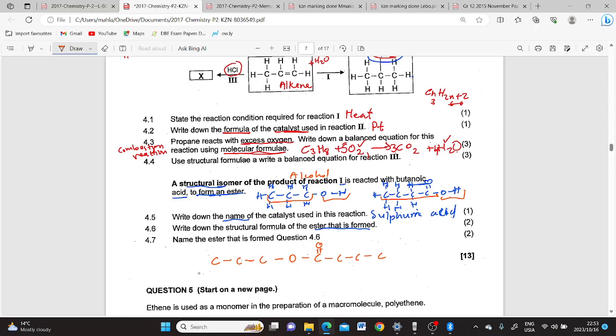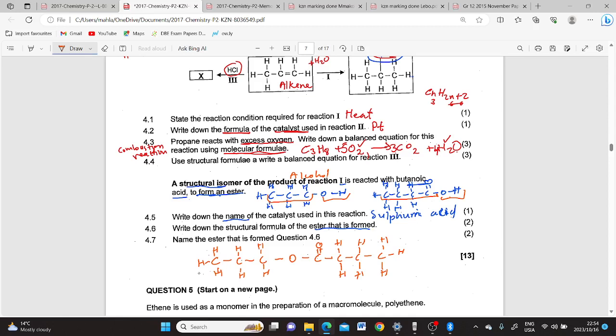So we can have 1, 2, 3, 4. So we can have hydrogens filled here: hydrogen, hydrogen, hydrogen, hydrogen, hydrogen, hydrogen, hydrogen, hydrogen. Right, that will be the structural formula of the ester that will be formed.